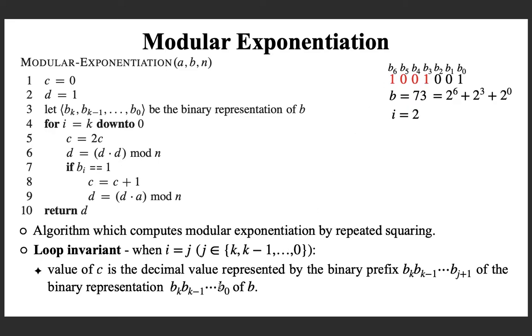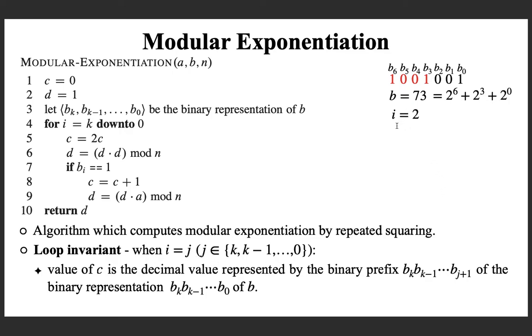That is what this statement is telling. The value of c is the decimal value represented by the binary prefix b_{k-1}, etc., b_{j+1}, when the value of i is j.